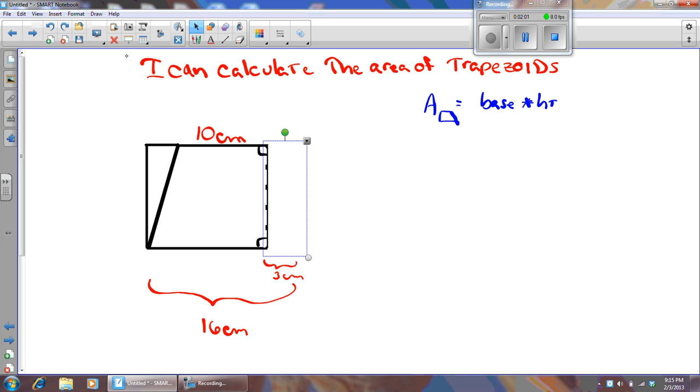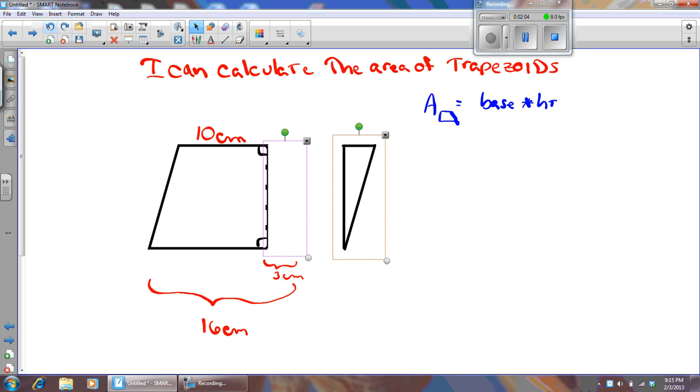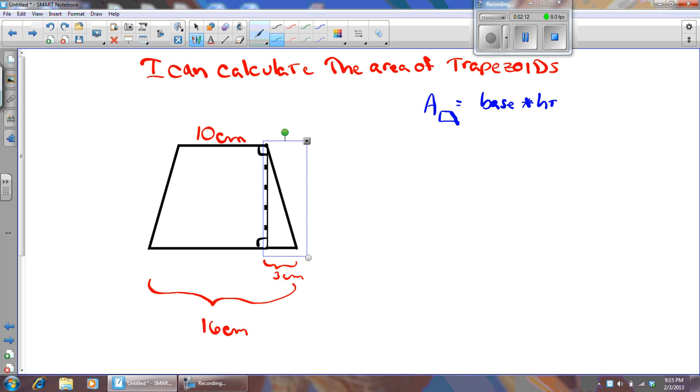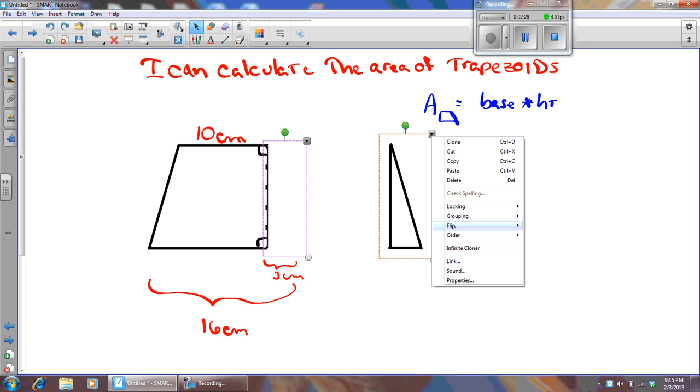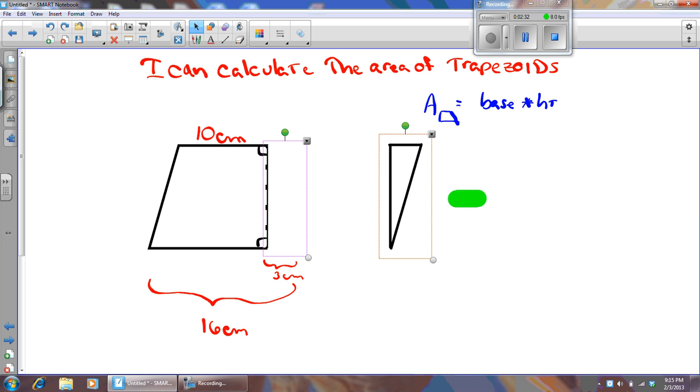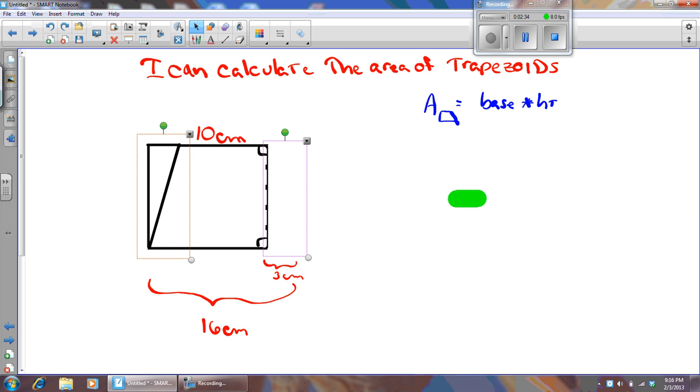Now, before I actually do that, I want to point something out to you. Let's put him back here. Notice that this little piece right here is 3 centimeters. And so when I cut this triangle off, and then I flip it and shift it over here, I've just added 3 centimeters onto this side, haven't I?